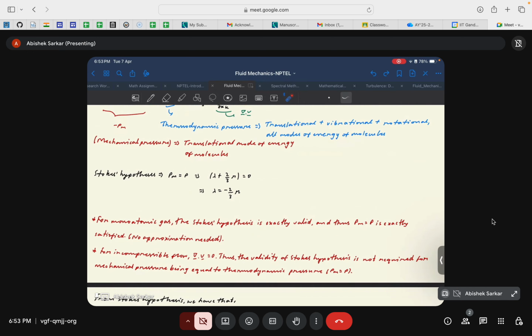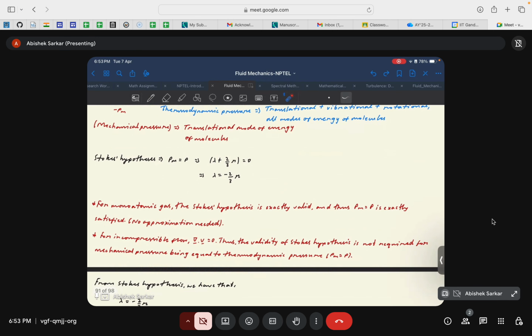It's not needed. But other than that, if the flow is incompressible, then also the mechanical pressure becomes equal to the thermodynamic pressure. Thus the validity of the Stokes hypothesis is not required for the mechanical pressure to be equal to the thermodynamic pressure.